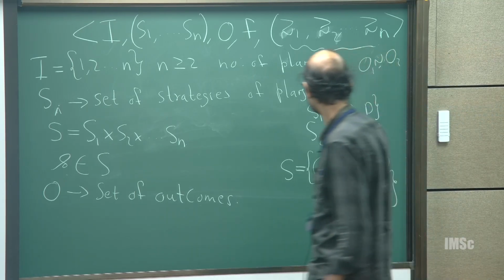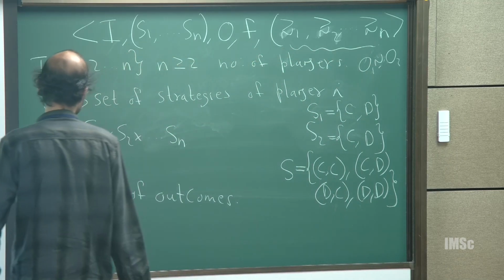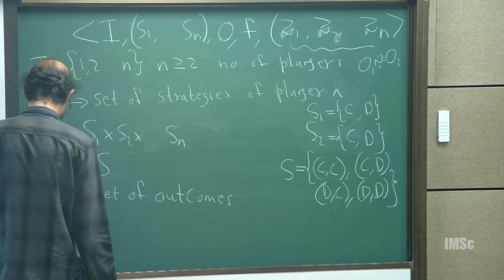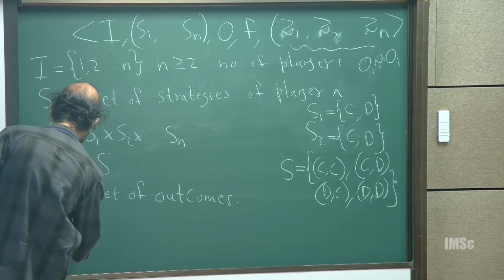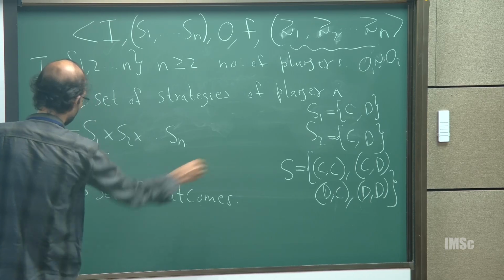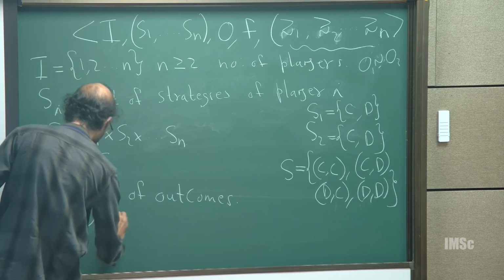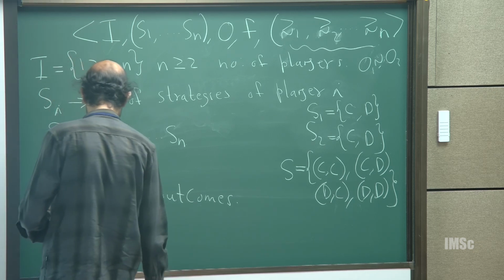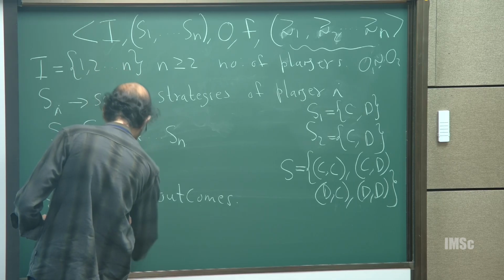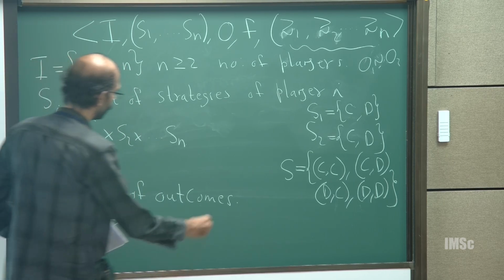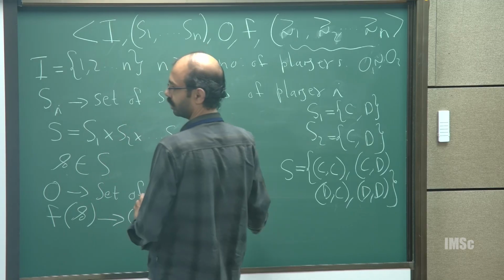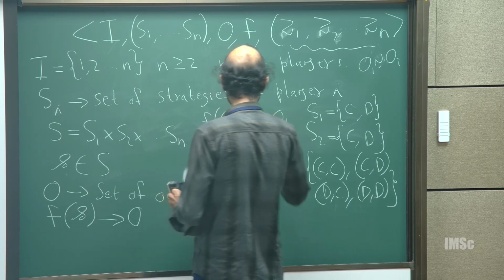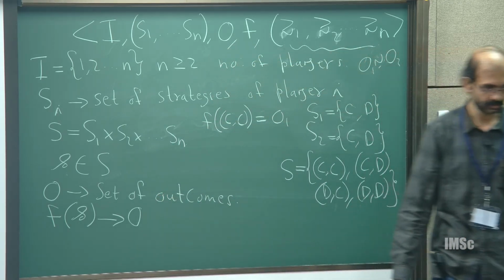So O is the set of outcomes, and this is the preference structure, and f is some function which maps a particular element of S to some outcome. For example, in this case, the outcome corresponding to me cleaning and the other person cleaning is O1. That's the structure.